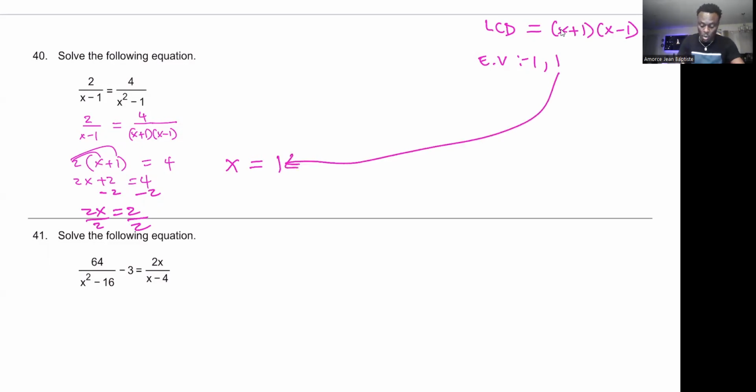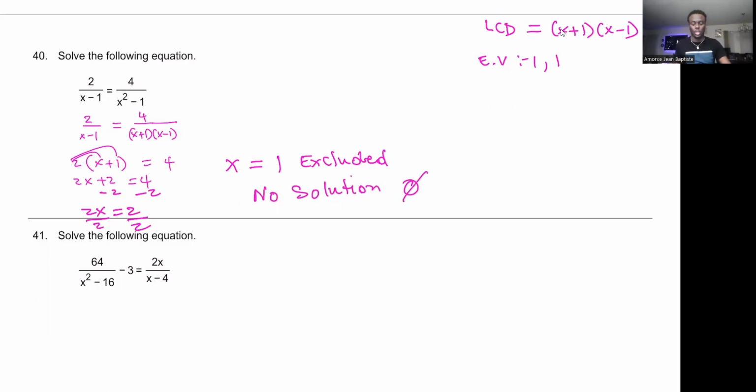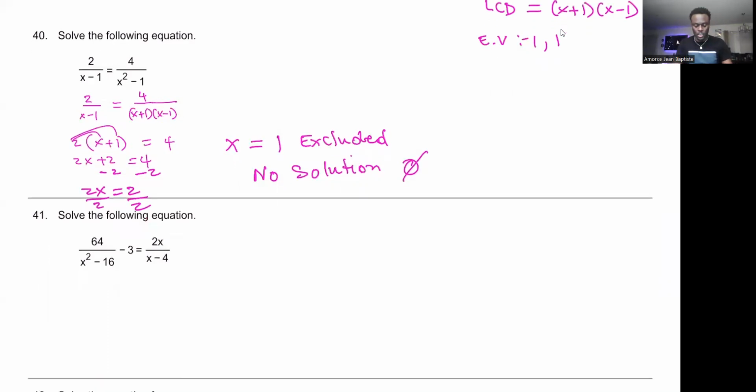So then the only solution I have was excluded. Then I have no solution for this equation.